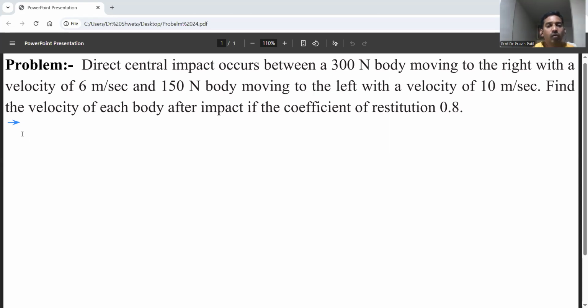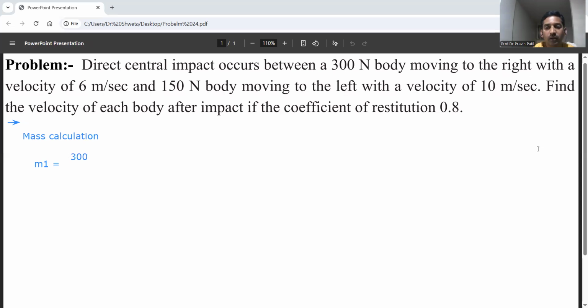So the first body weight is given as 300 Newton. Convert all these to kg. Mass calculation. The mass will be 300 divided by 9.81.